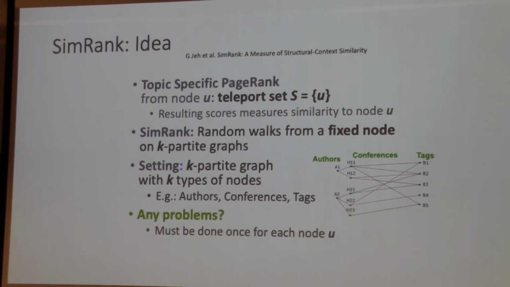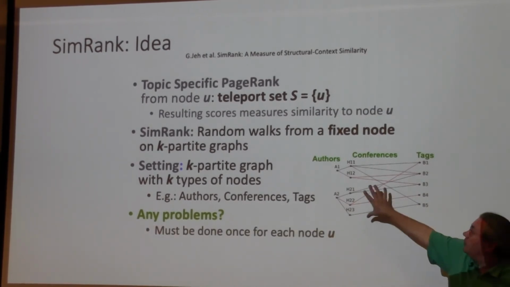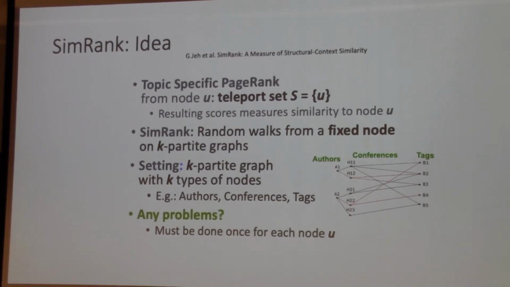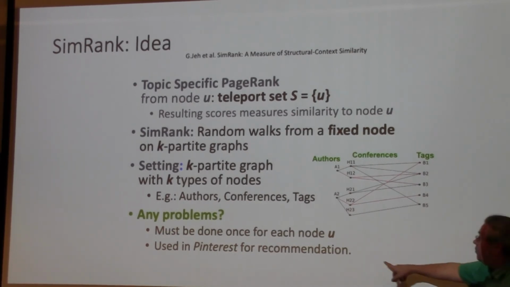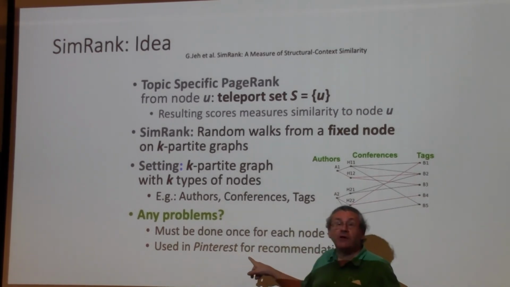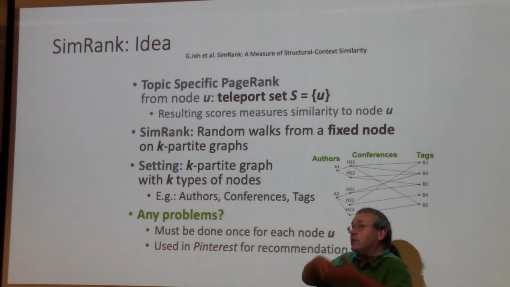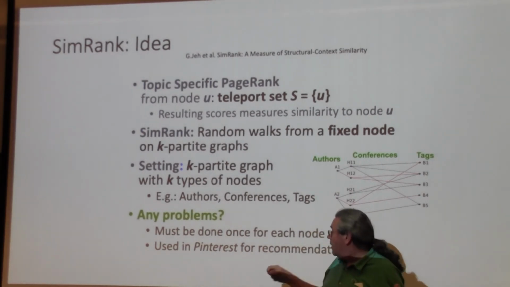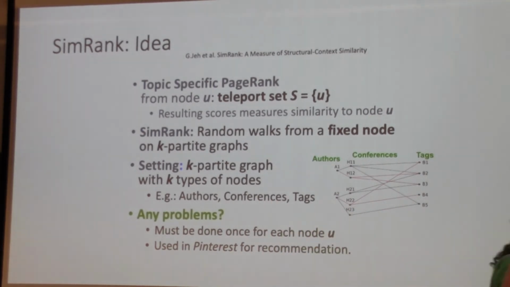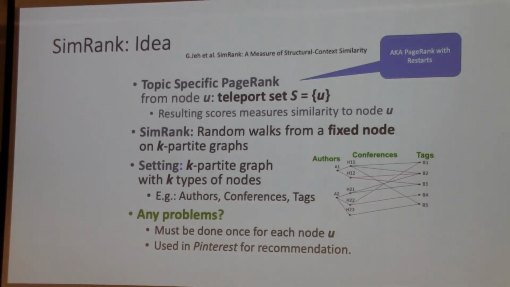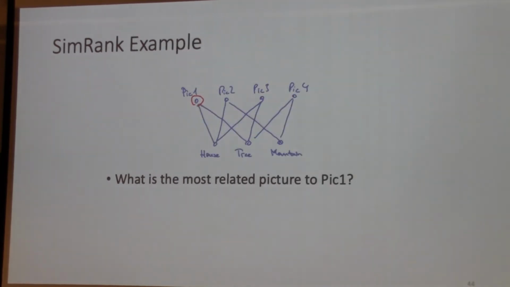So this means you have to do it, of course, for every node U. And just as a final comment on this, there's a system called Pinterest that you may know, which collects information and photographs and stuff. And Pinterest is using something like this to figure out things that are similar. This is also called PageRank with restarts. You restart with U all the time.